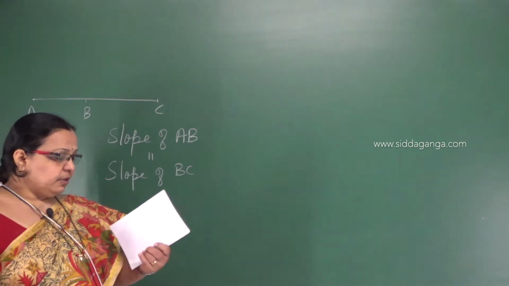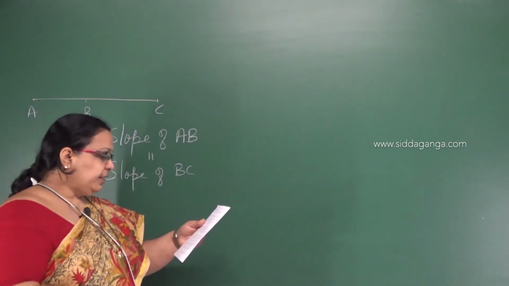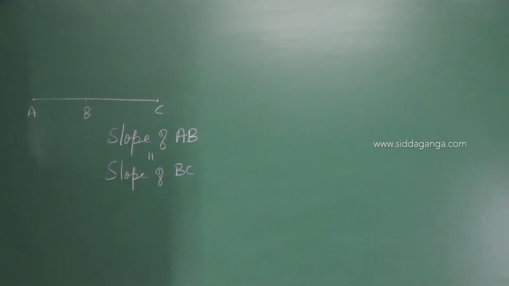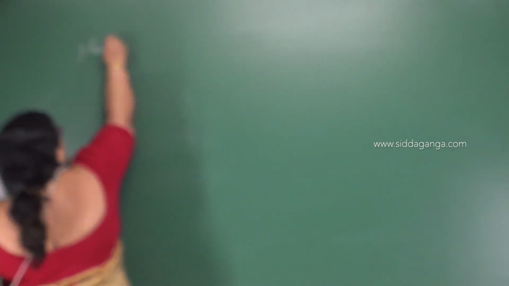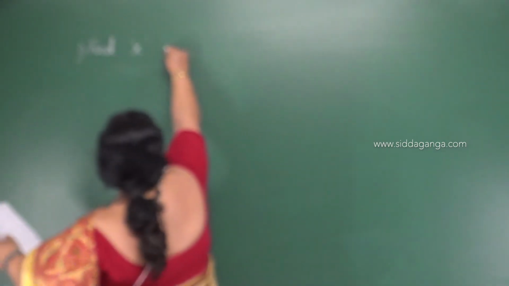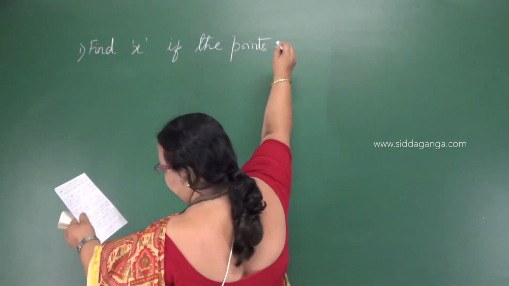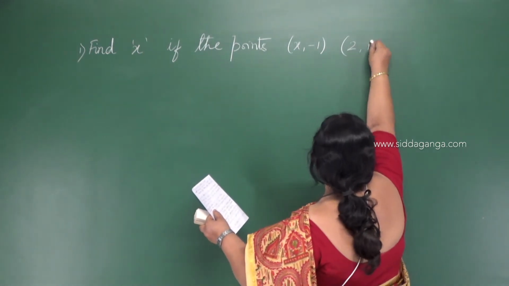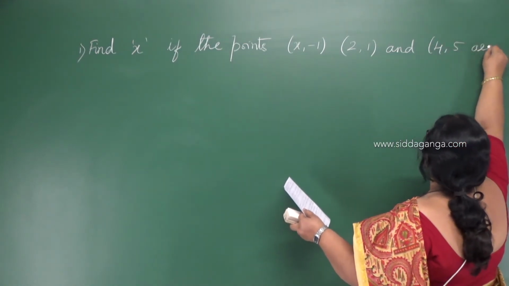Now you take an example. We have to find x if the points, the first point is x comma minus 1, the second point is 2 comma 1, and the third point is 4 comma 5, are collinear.